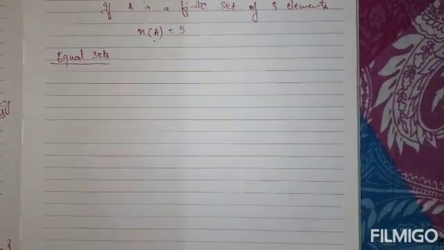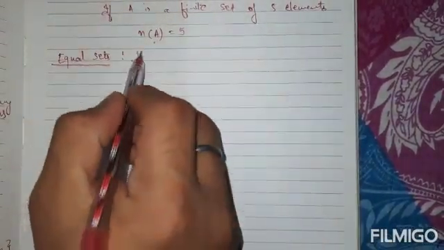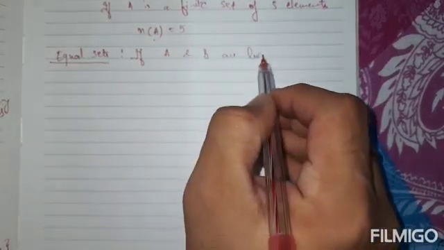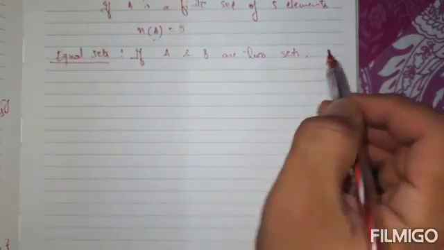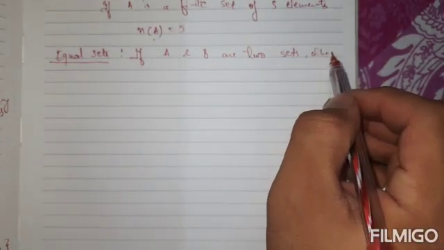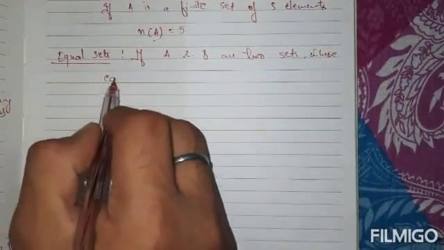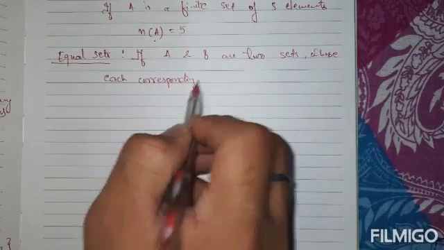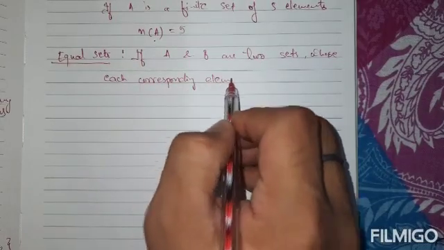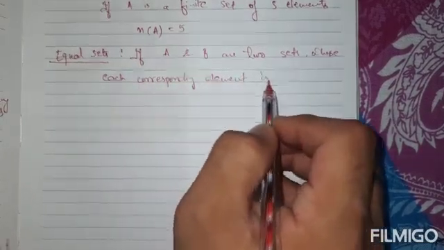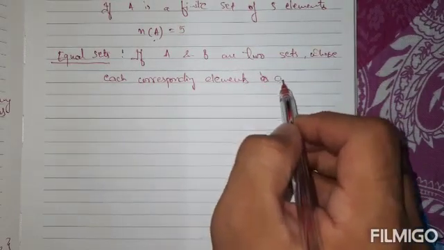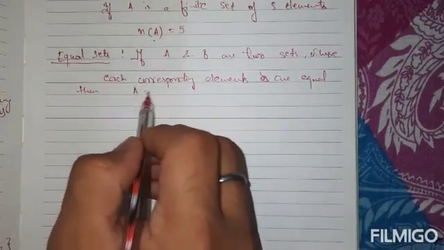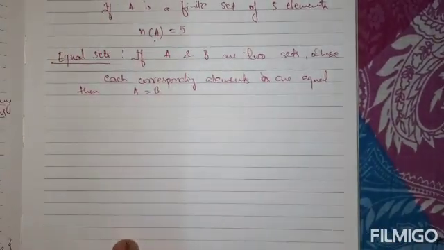Next topic is equal sets. Equal sets means, suppose A and B are two sets whose each corresponding elements are equal, then A is equal to B. Then the sets A and B are equal.